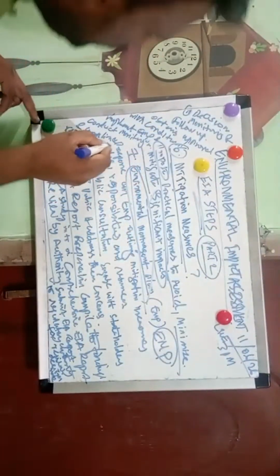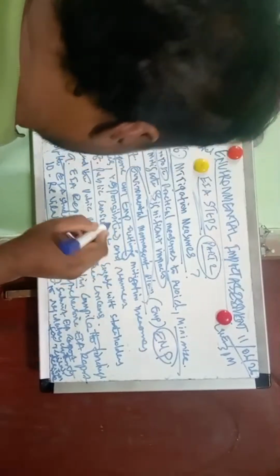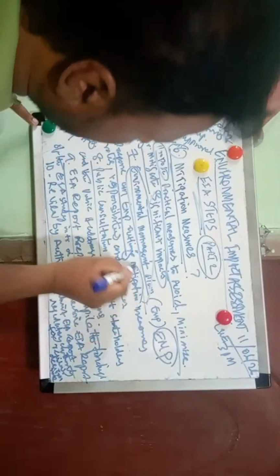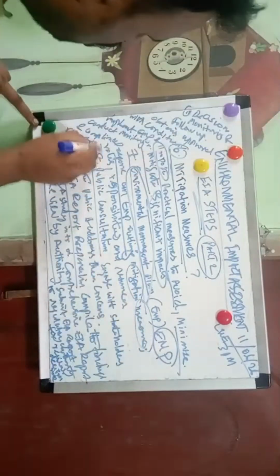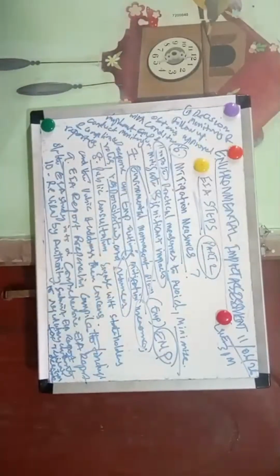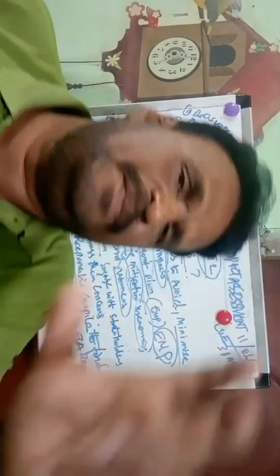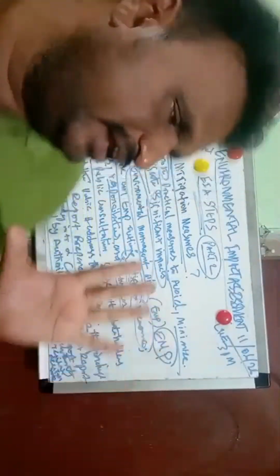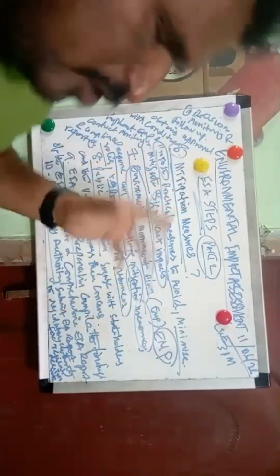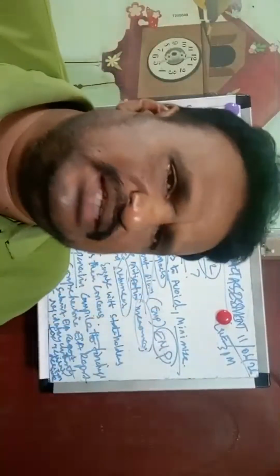You have to prepare an environmental management plan outlining mitigation measures, roles, responsibilities and resources. You already made the environmental impact assessment step by step, then you have a proposal for the mitigation measures.